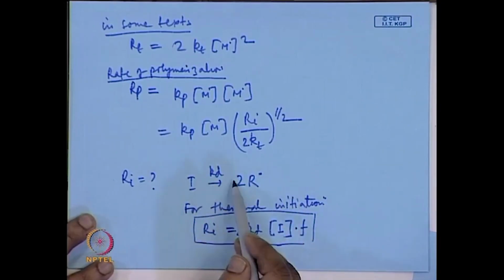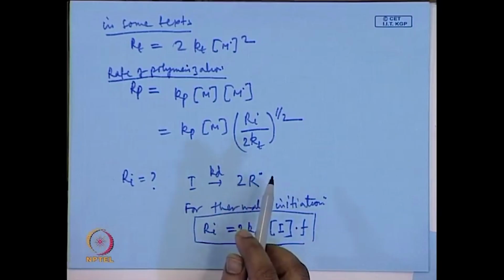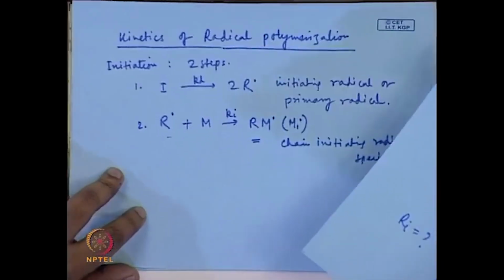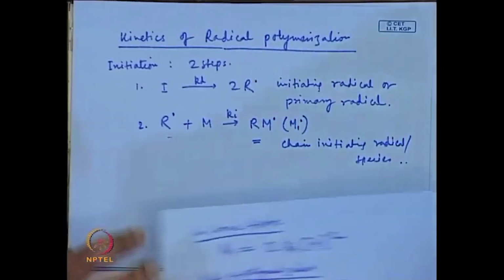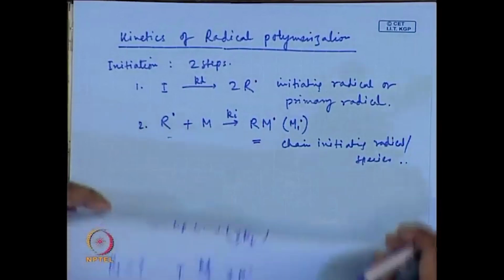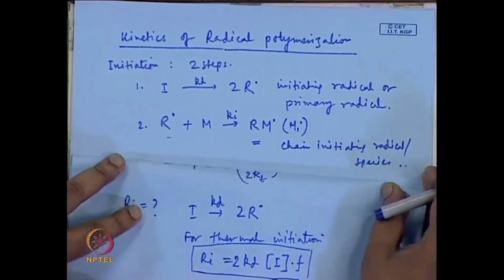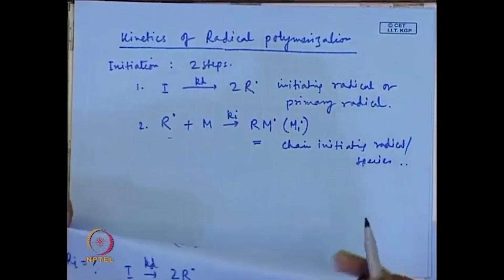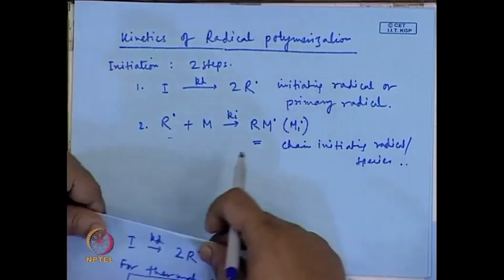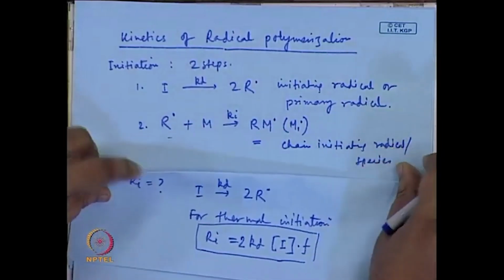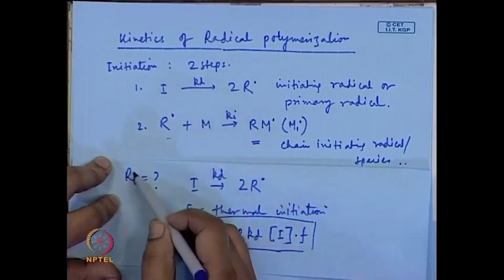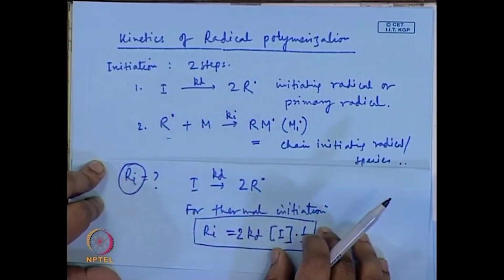Now, if we go back and compare this initiation reaction which we wrote earlier, you can argue that we are not taking this reaction into consideration when we are determining Ri.